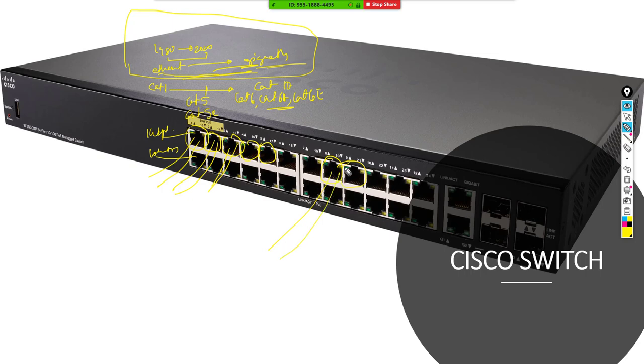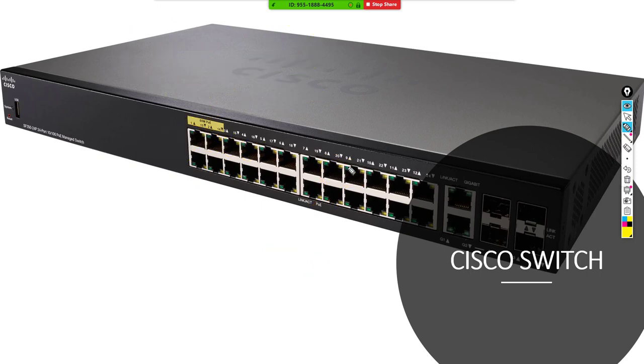Basically the cables and the switch port must be of compatible speed, then only can you make use of the complete bandwidth. Otherwise the lowest one will be picked up. Let's say this port supports 1 gigabit per second, but the cable you have connected from here to your computer supports only 2 Mbps.